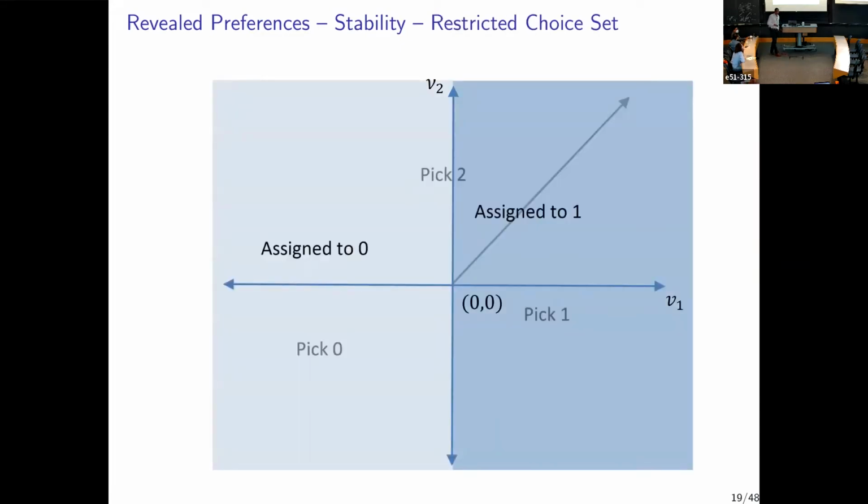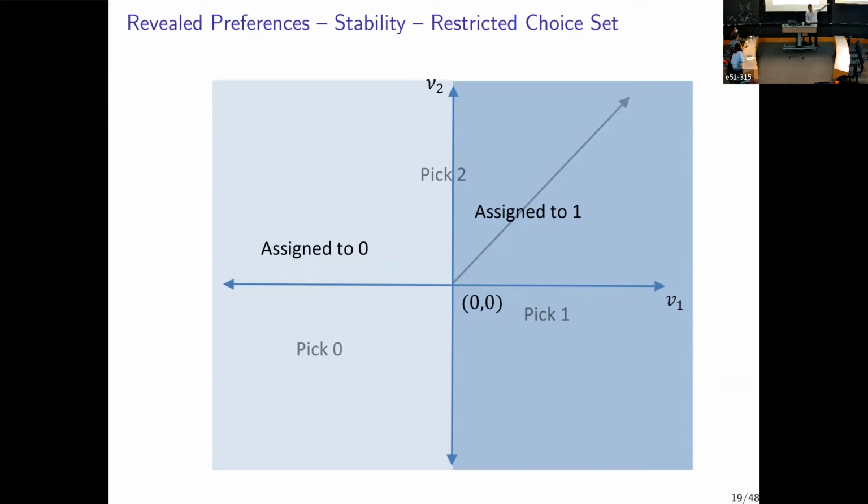Okay, so what happens if we see a particular student that had only one school in the choice set? Well, suppose that this student only had school one in the choice set. In that case, what we can only learn is that if the student was assigned to the outside option, this student preferred the outside option to school one.